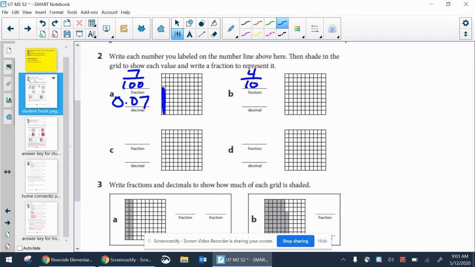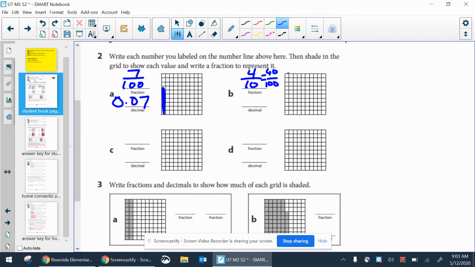Let's move over to 2B. Here we have 4 tenths. Up top, we talked a little bit about how 4 tenths is also equivalent to 40 hundredths. But we'll go with the 4 tenths to practice that skill as well. Now I know that my denominator is 10, which means I need to have my grid of 100 divided into 10 equal parts.